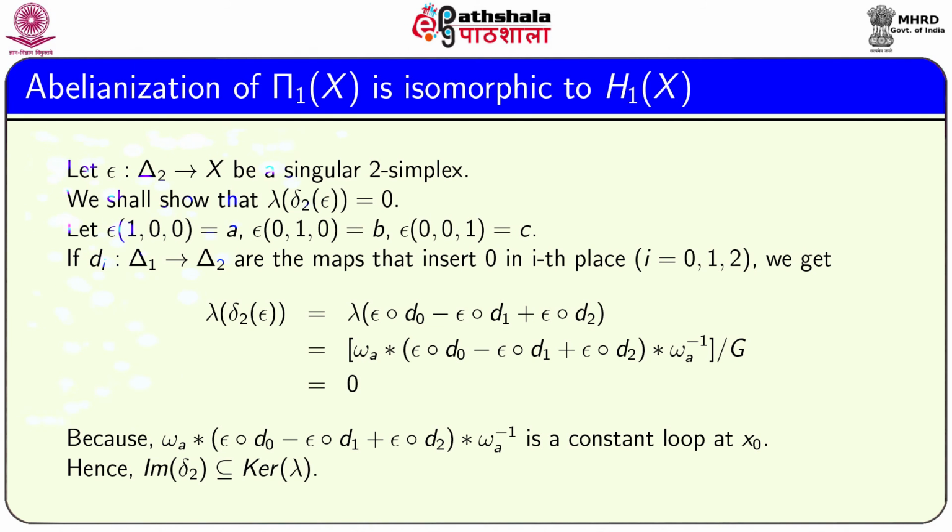That has to be equal to 0 because WA * (ε∘d0 minus ε∘d1 plus ε∘d2) * WA inverse is a constant loop at the point x0. Hence, we get that the image of δ2 is contained in the kernel of λ.